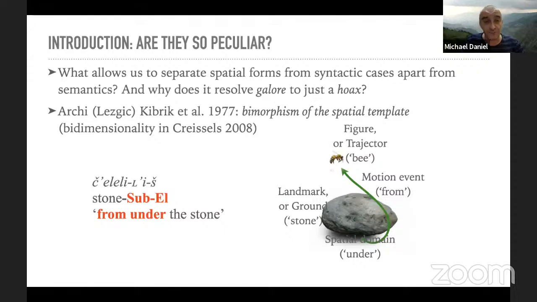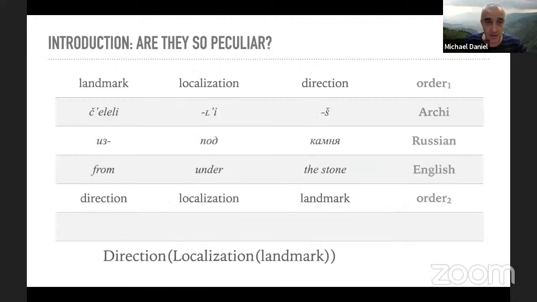Okay, so now you might have noticed that the English translation of the example is actually very similar to the structure of the Archie glosses, right? So what's different is the order in which they come. And of course, this is not something unexpected. So you just have here parsed the same forms in this table.